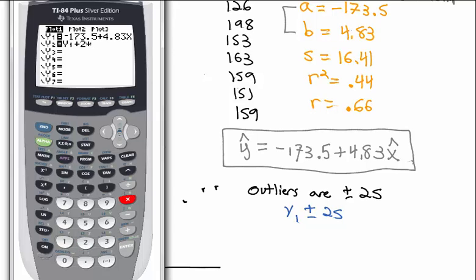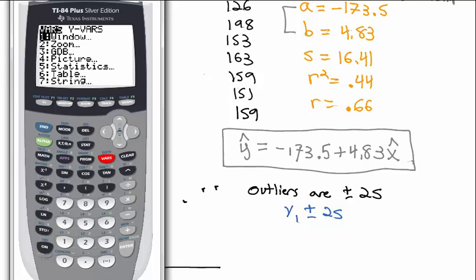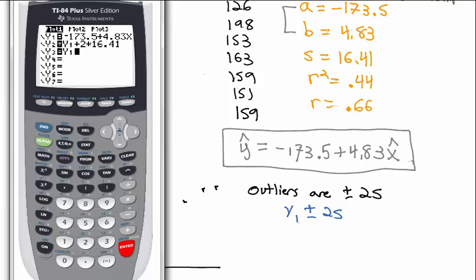And if you notice in orange, standard deviation was 16.41. Enter. We're also going to do y1 minus, so we go vars, over to y vars, function 1, again grabbing y1 the second time, but this time we're going to subtract 2 times 16.41.